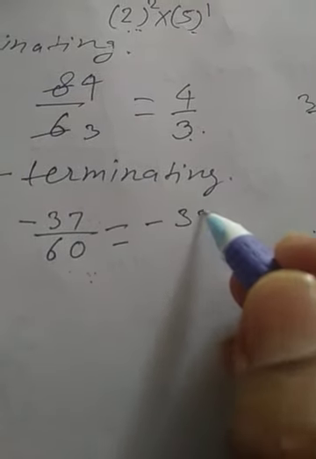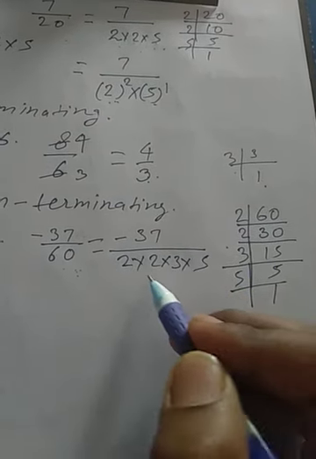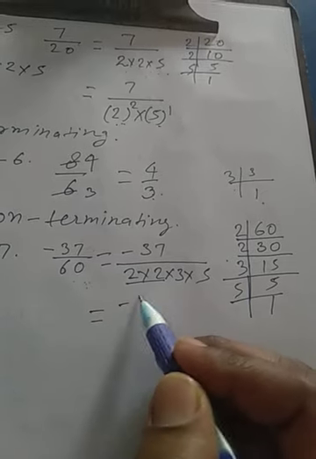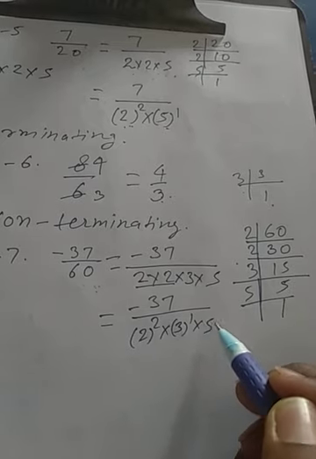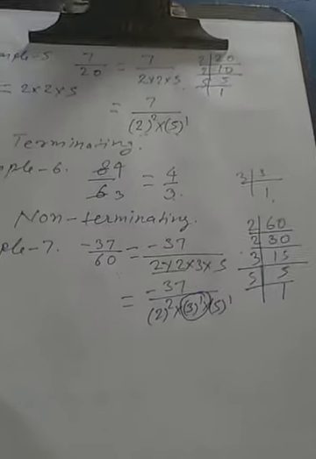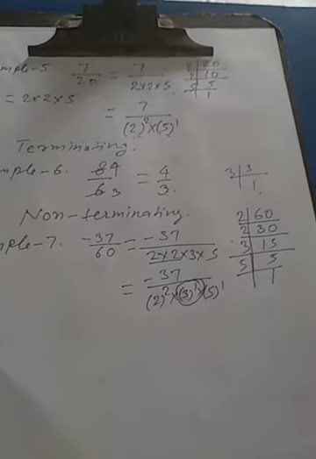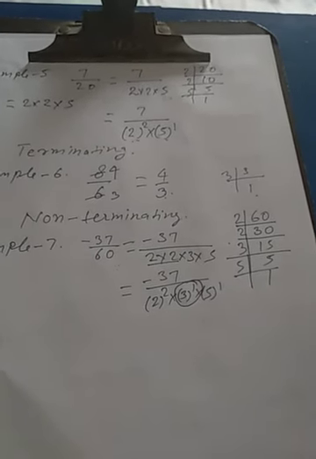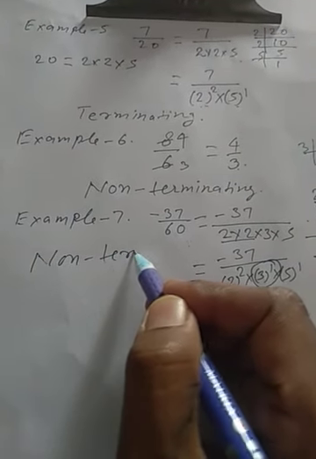Now, the denominator of this number can be written as 2 into 2 into 3 into 5, that is 2 to the power 2 into 3 to the power 1 into 5 to the power 1. Here 3 is extra. If 3 is there, it means it is non-terminating. If there is anything other than 2 or 5, then it will be non-terminating. So it is non-terminating.